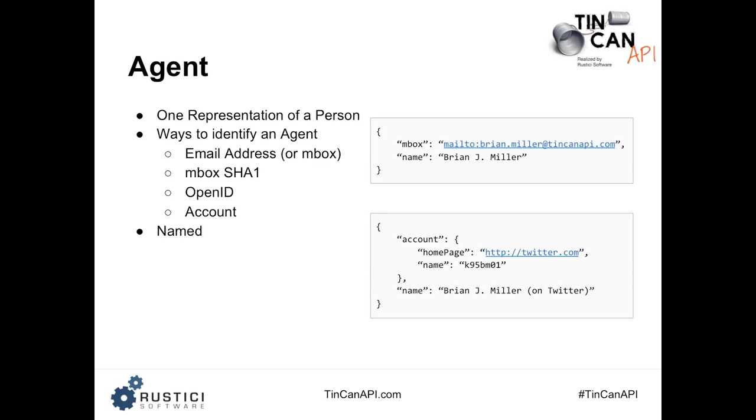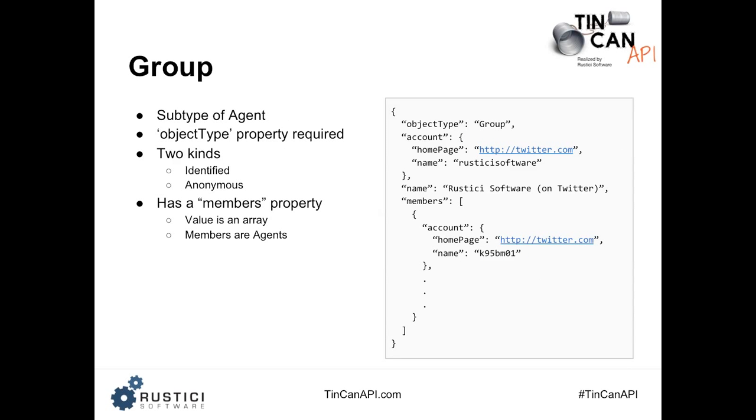In this case, I actually picked one that is. So, for instance, at Twitter, my personal Twitter handle is K95BM01. So I can create an account agent that represents myself as the home page with Twitter and then the unique name that I have there. In both cases, I provide the name attribute as a human-readable way to be used in systems. So a reporting system can collect this agent from a statement, and it can print my name out, essentially.